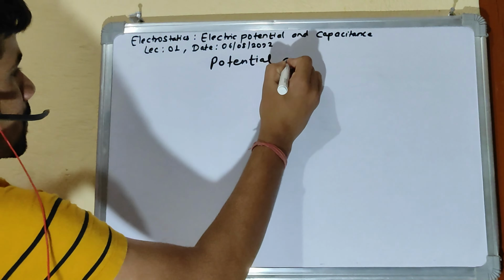Clear? Now we need to find r2 and r1 in terms of r, theta, and a, and then we can find the net potential. The given quantities to us are: 2a is the distance between the charges, and r and theta give the position where we need to find the potential.